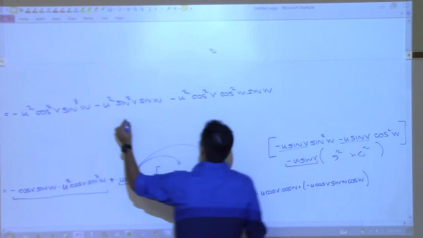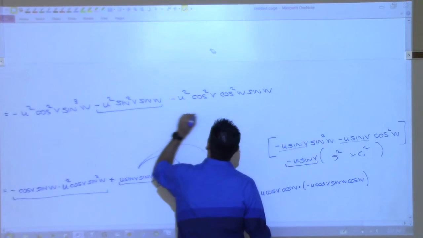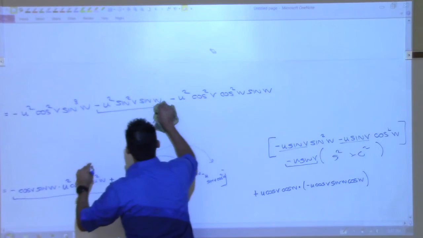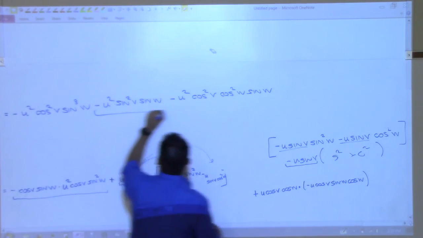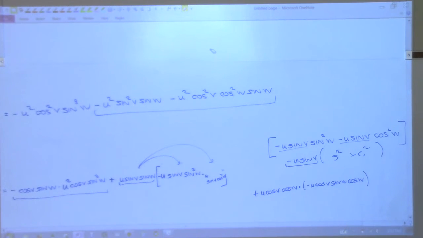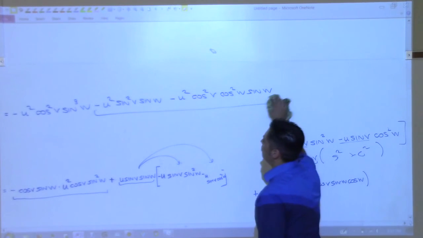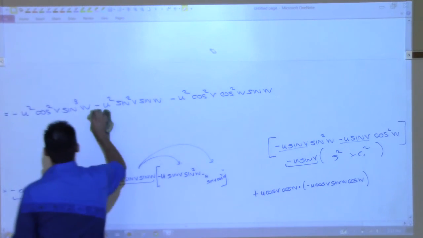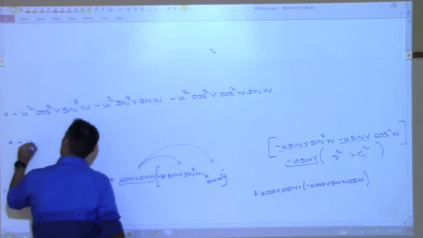Yep, right here. They're right next to each other. Okay, so I can take on an entire negative u squared. Those two right there, factor out a negative u squared sine w, right? No. You can factor out of all of them. Take out a sine w out of all of them, okay. And a u squared and a negative. That's what you were saying. Negative u squared sine w.